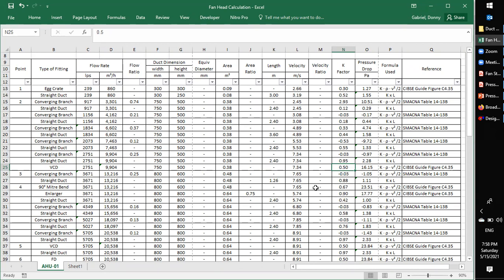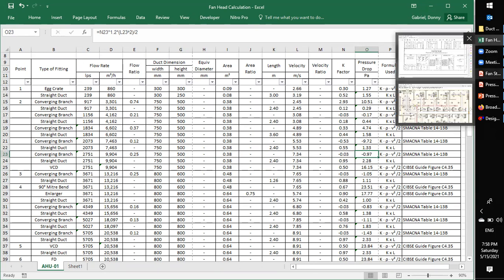You might notice some of our converging branches have a negative K factor, giving our pressure drop negative. Why is that so? Let's go back to the SMACNA guide.